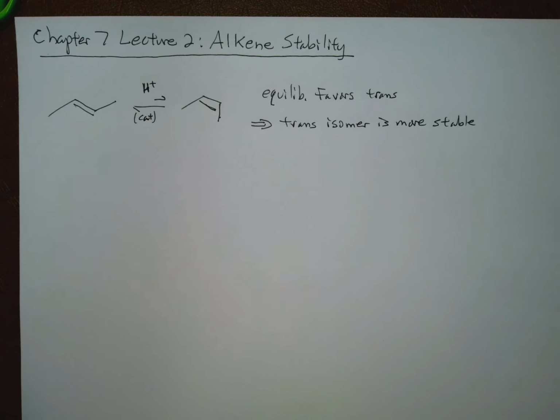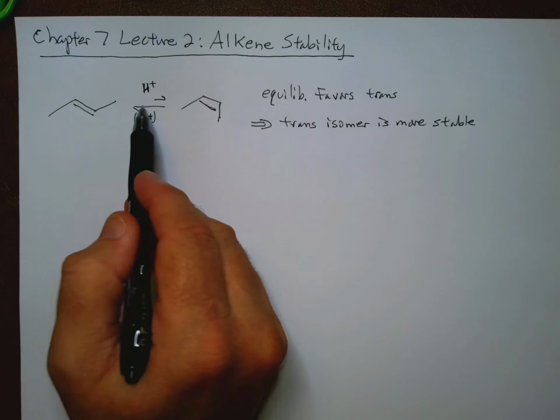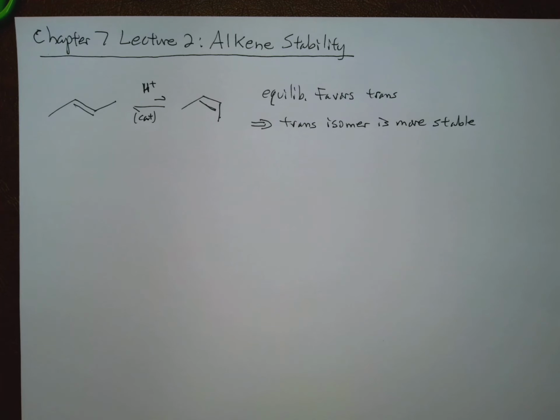So in this case, adding a little bit of acid will allow this isomerization to happen. But often we can't do that.